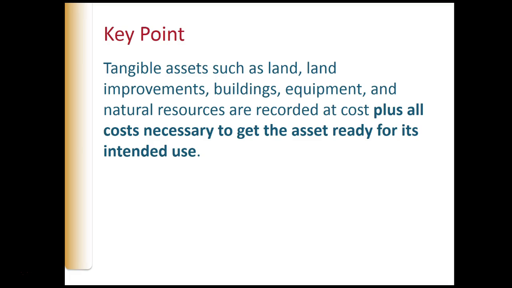So remember here, tangible assets such as land improvements, buildings, equipment, and natural resources all get recorded at cost plus all the costs necessary to get the asset ready for its intended use.